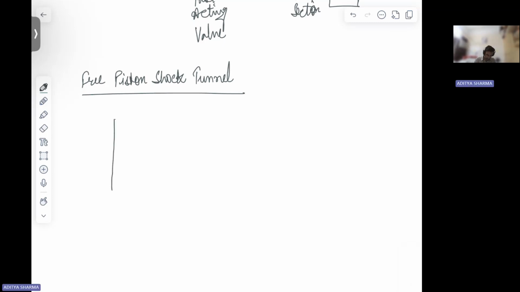So first you have a reservoir tube. Then you have a compression tube. So this basically is your piston.